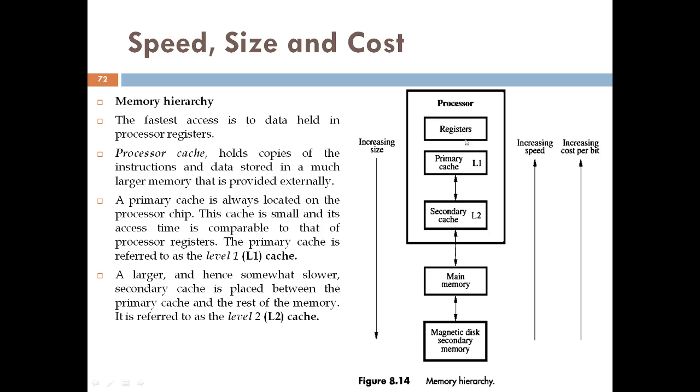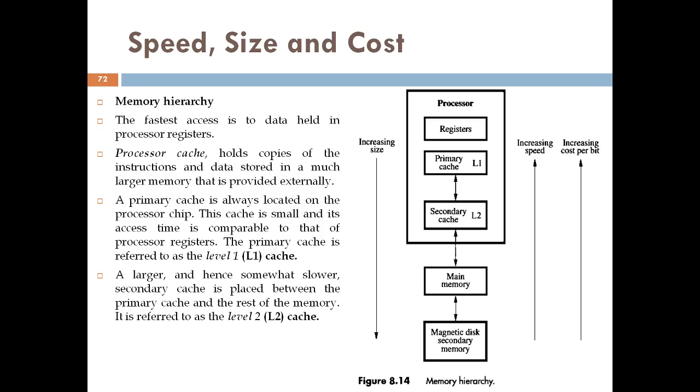The next level is cache memory, where the fastest access is to the data held. Compared to the processor register, the primary cache has less speed, but cache memory is one of the fastest memories in the computer. It holds copies of the instructions and data stored in a much larger memory that is provided externally.